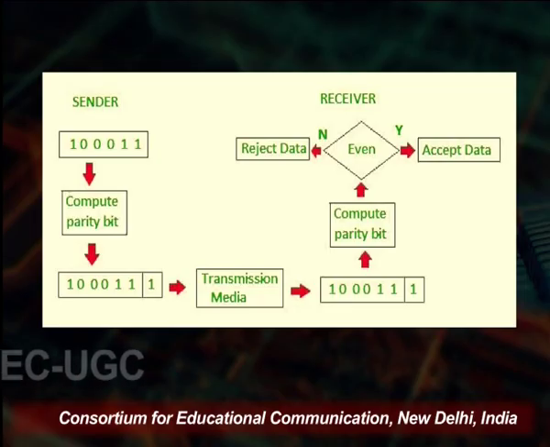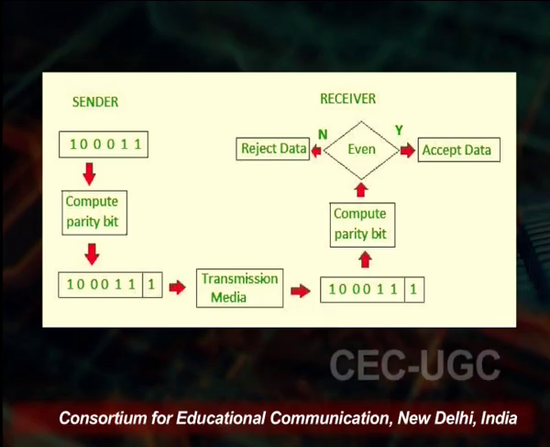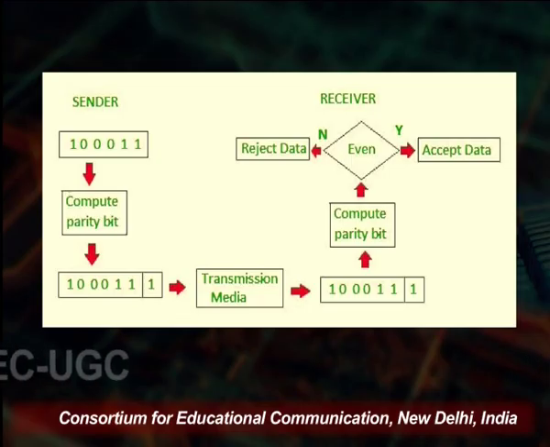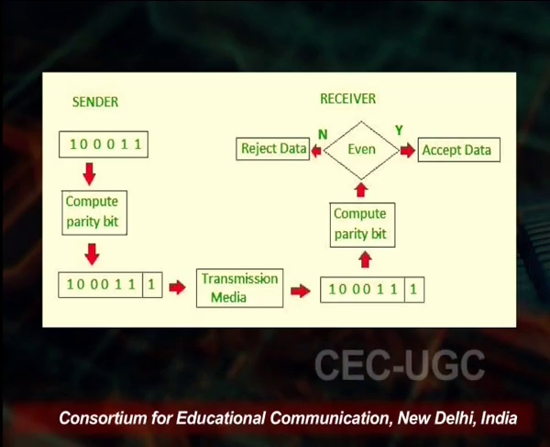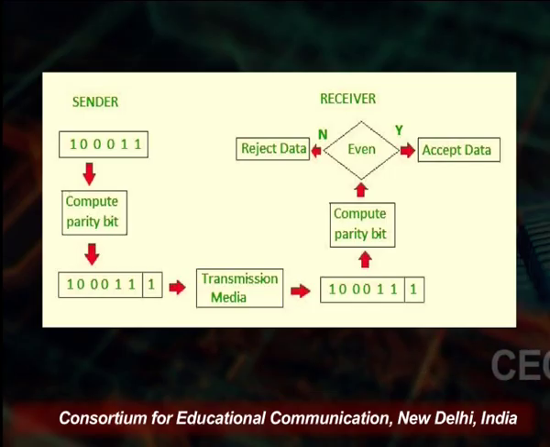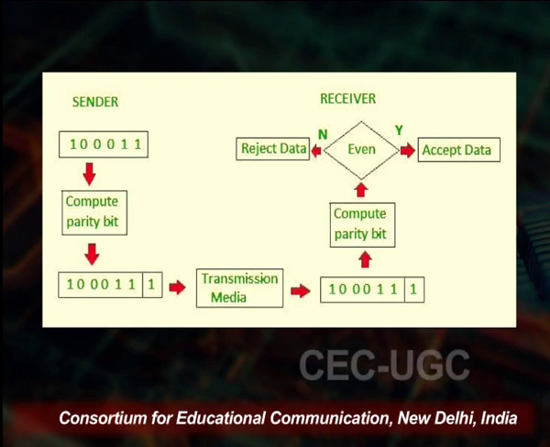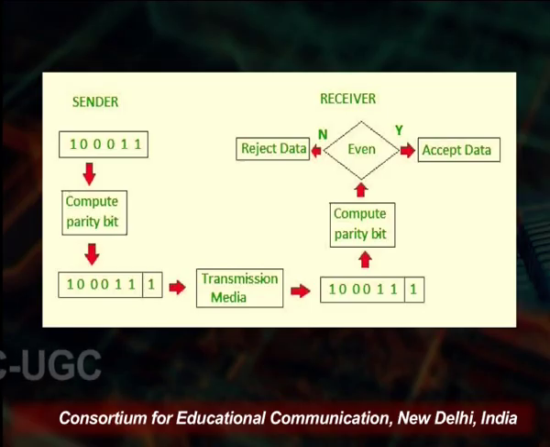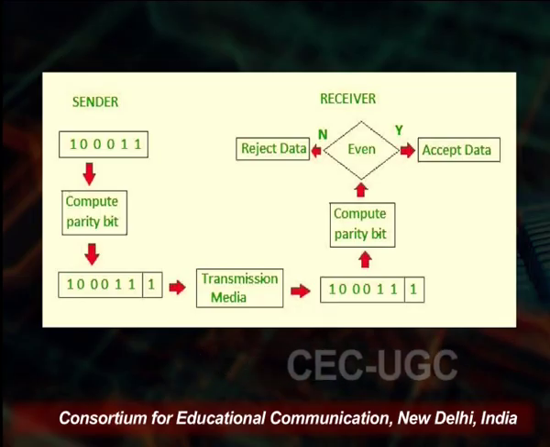But someone may raise a question here: what if 2 bits are changed, and 2 zeros are erroneously changed into 2 ones? Then also it will be an even parity. That is the drawback of this parity checking, and that is why I have told you that this is one of the most basic or naive methods of error checking, which has its own drawbacks obviously.